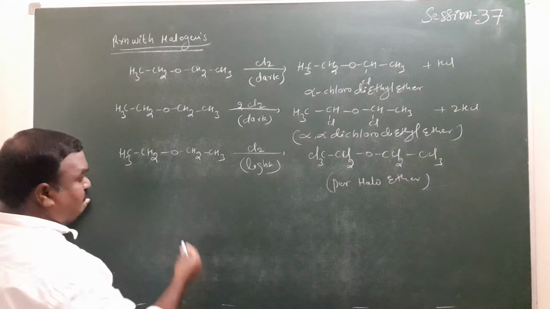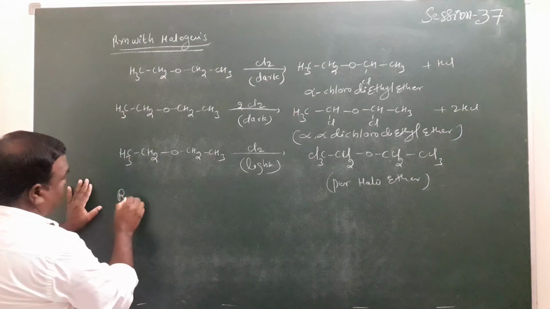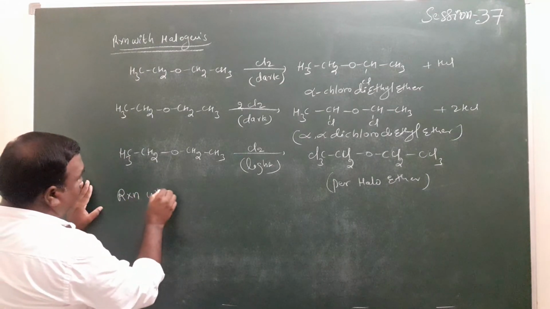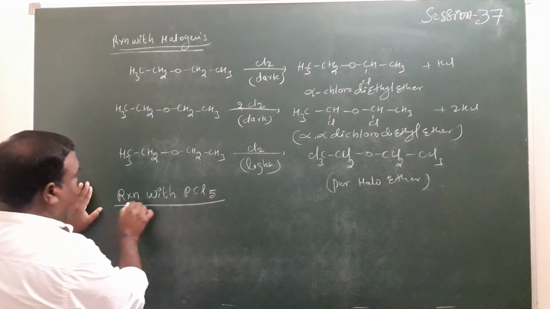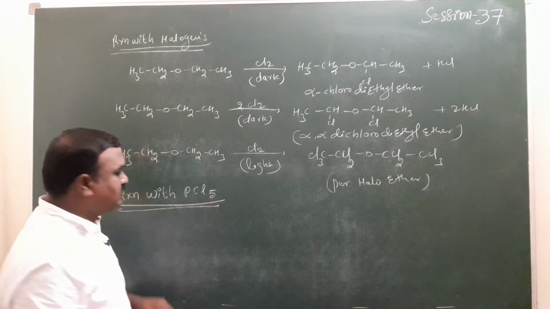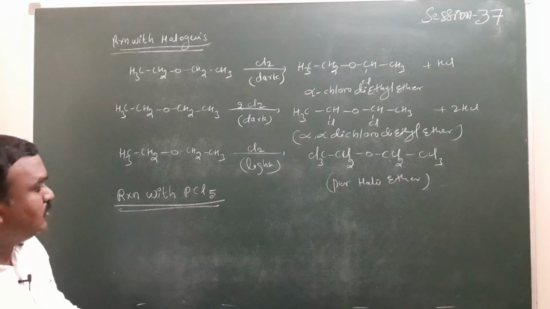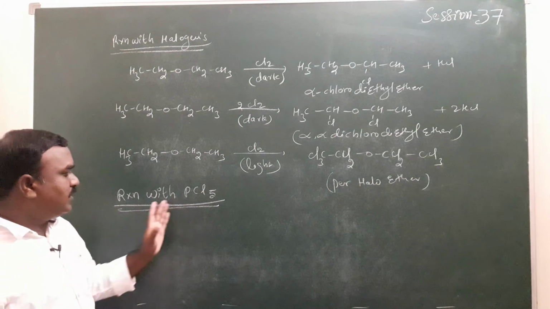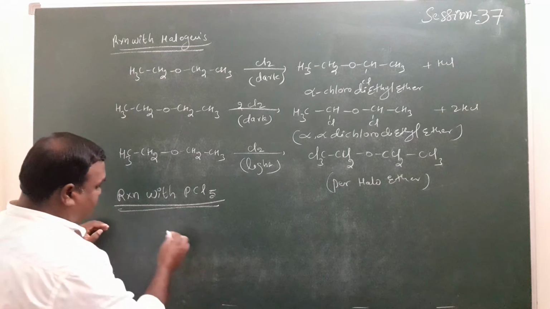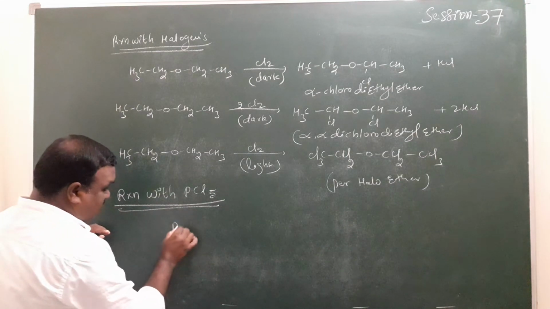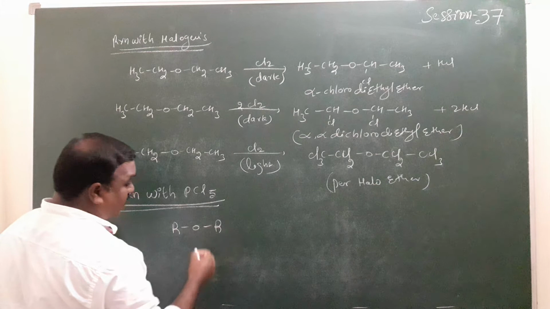Now, reaction with phosphorus pentachloride. We can say this is one type of preparation of alkyl halides. Here an ether compound is given, ROR.